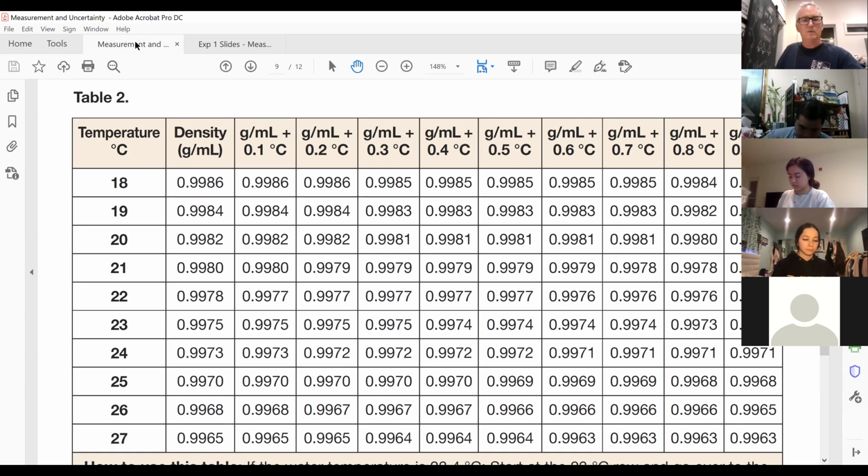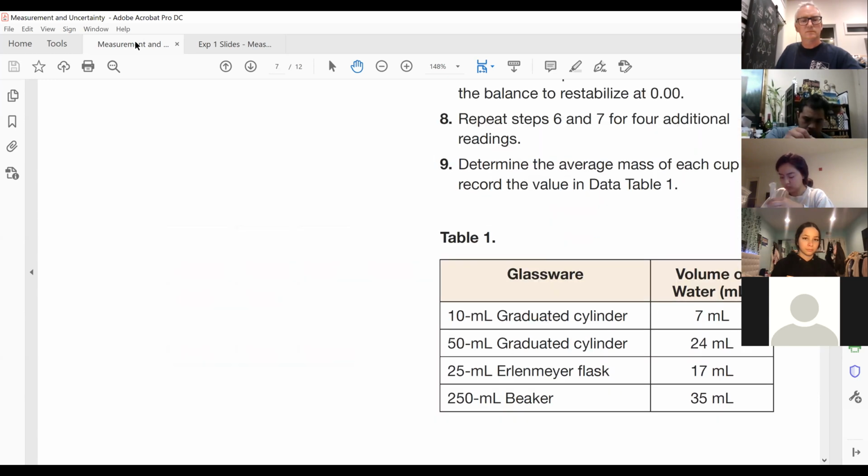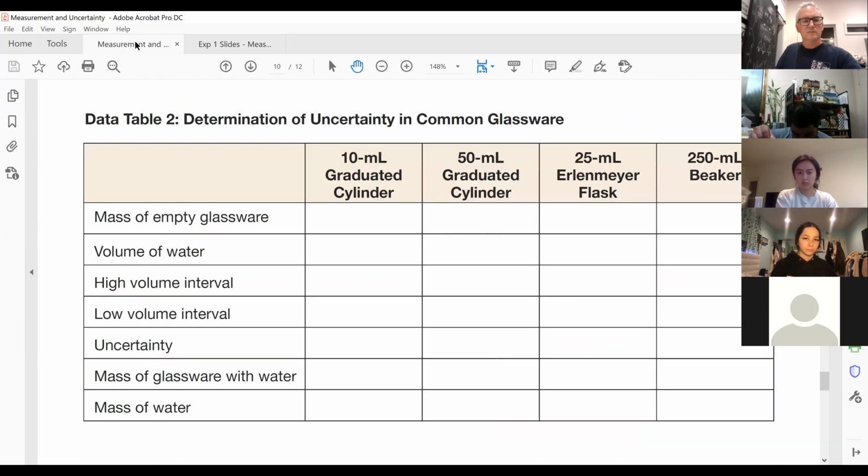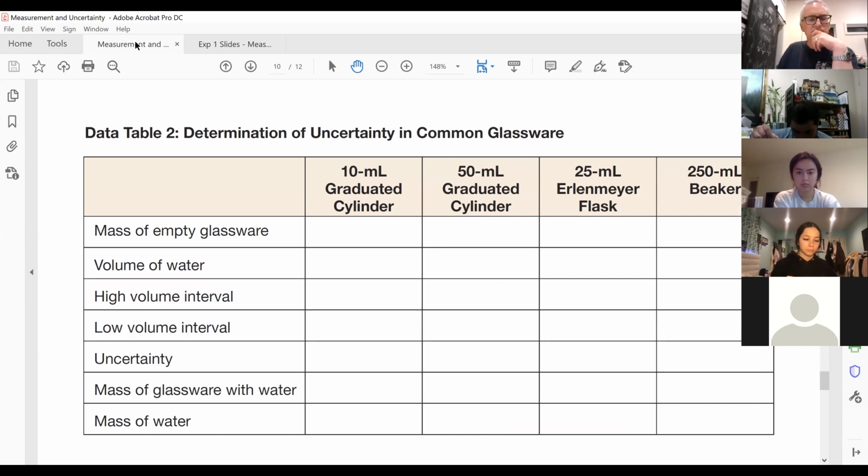The instructions say to put the graduated cylinder on the scale, and that's a certain amount, then take it off, put approximately 7 milliliters of water, and weigh it again. Is that right? Right. So you take your mass of glassware with water and the mass without, and the difference will be just the mass of water itself.